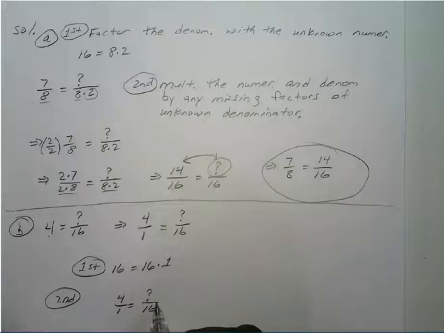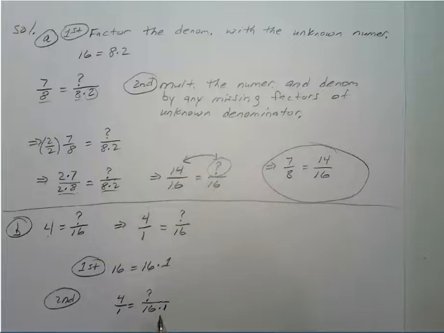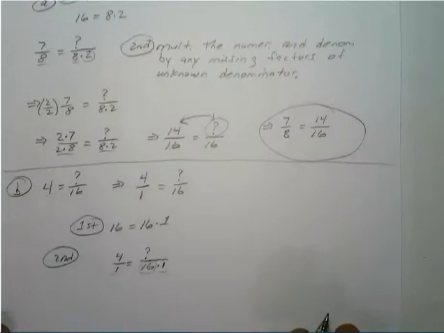Well, 16 times 1. So here both sides have a 1 in the denominator. What's missing? The 16. So we go ahead and we just multiply.